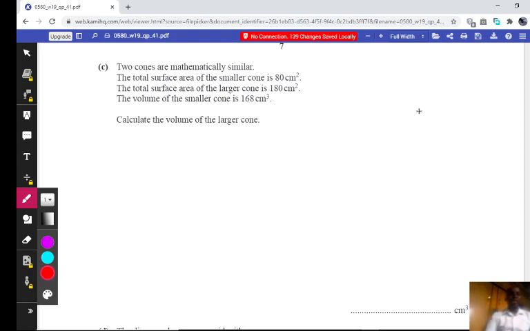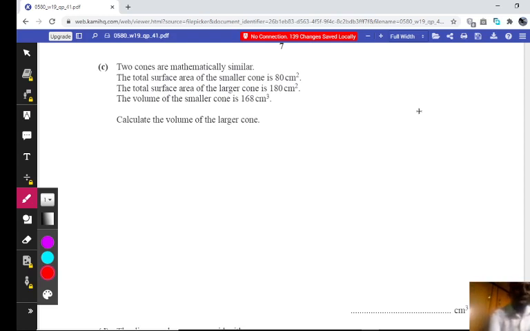In this case, we don't know the ratio of the sides. That's what you have to find first, the ratio of the radii of the cones.